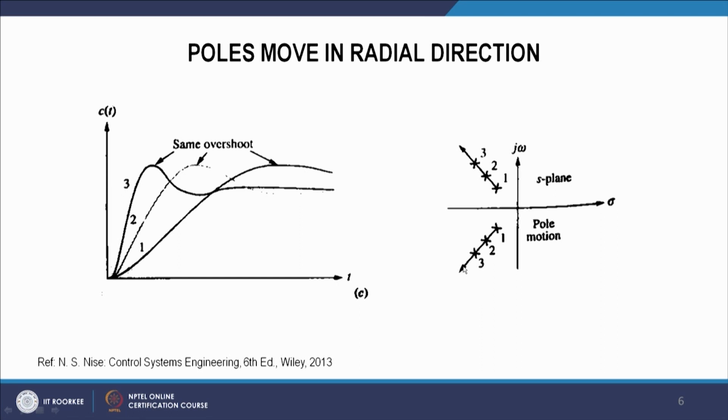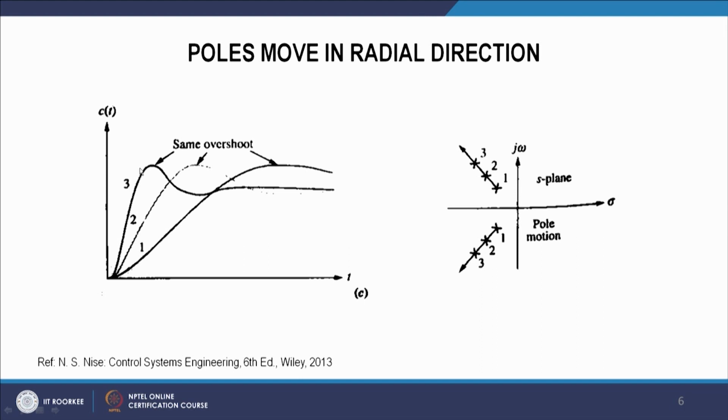Now we come to the case when poles move in the radial direction. So when poles move in the radial direction, we can see that this damping line is constant, because theta is constant, so your damping will be constant, and therefore percent overshoot will be constant.